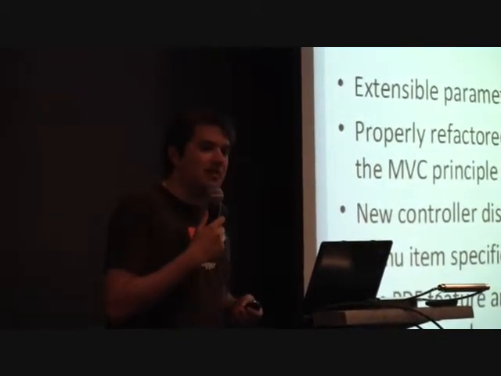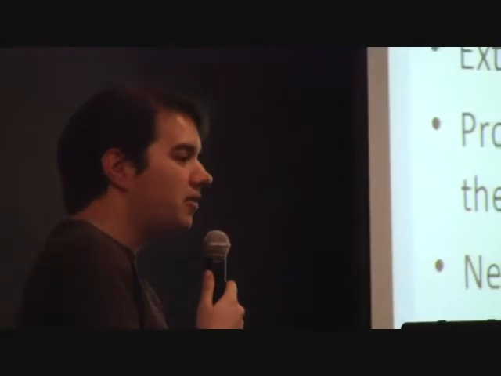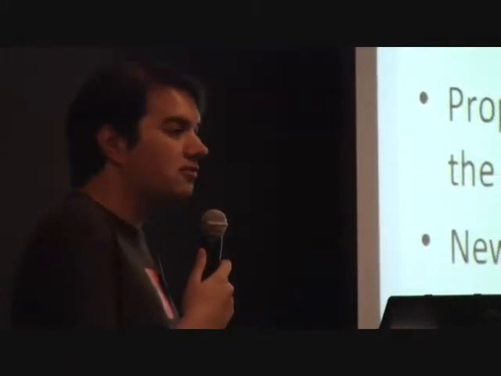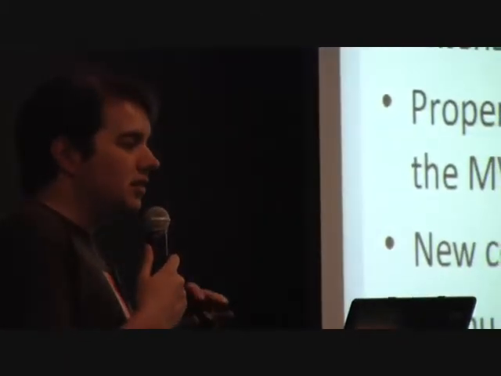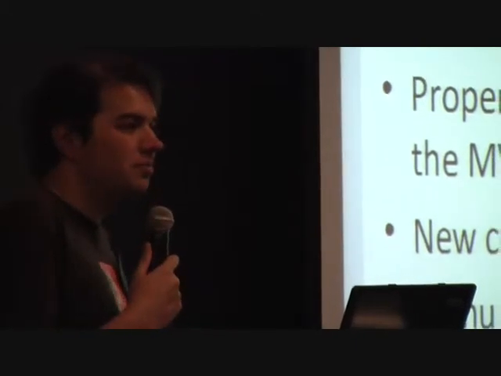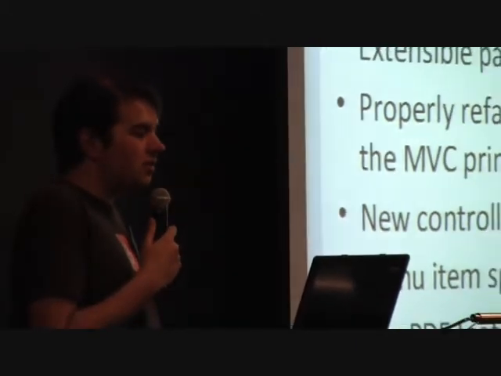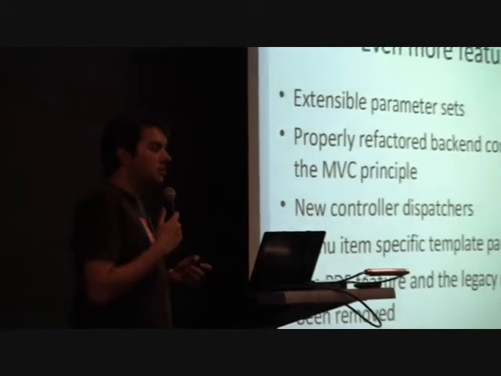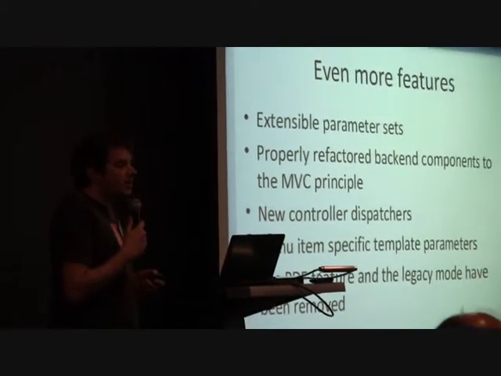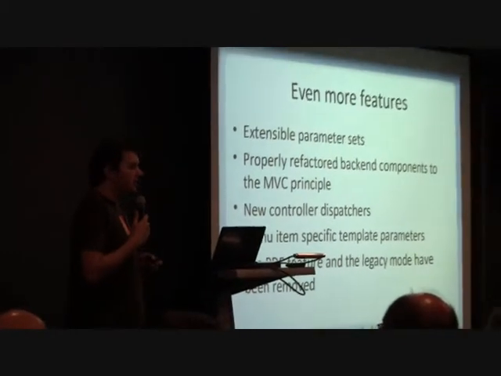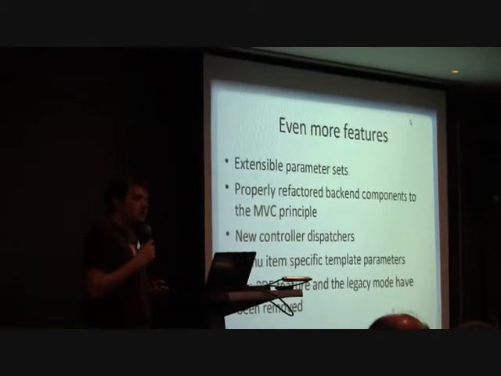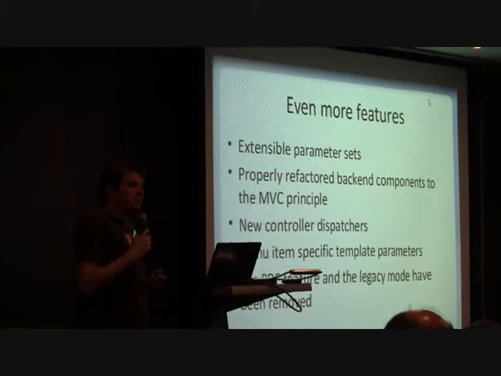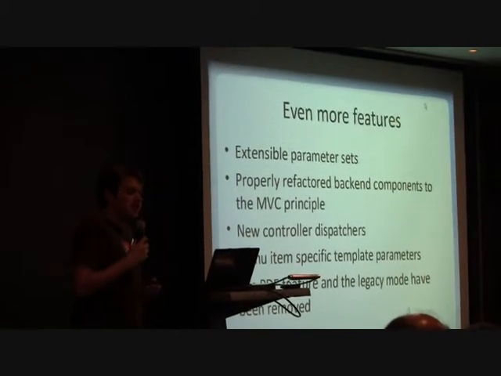Something that I know not all people among you will agree with me is the PDF feature and the legacy mode are both gone from the core Joomla. We've talked about this very long, especially about the PDF feature, because it's something that a lot of people like a lot, but it's really horrible to maintain.